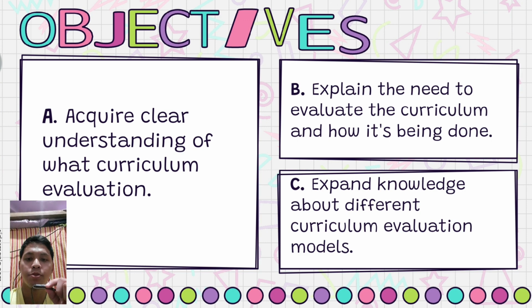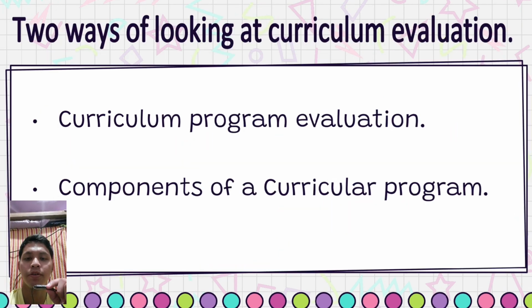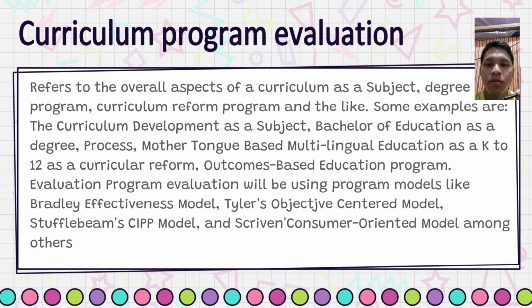So, let's proceed. Here are two ways of looking at curriculum evaluation. First is curriculum program evaluation, and number two is components of a curricular program. Curriculum program evaluation refers to the overall aspect of a curriculum as a subject, degree program, curriculum reform program, and the like.